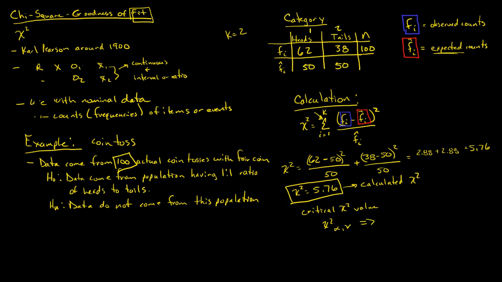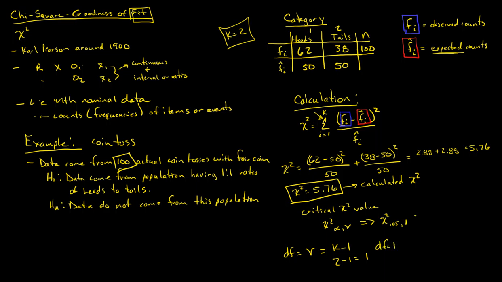For us that means chi-squared at 0.05, and degrees of freedom, nu, equals k minus 1. K is our levels. We had two different levels, heads and tails. So 2 minus 1 equals 1. So degrees of freedom equals 1.